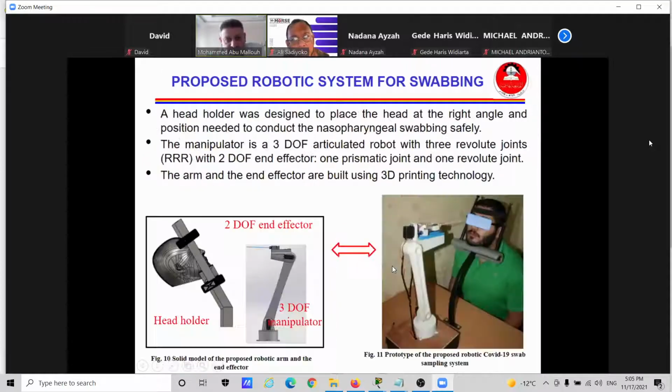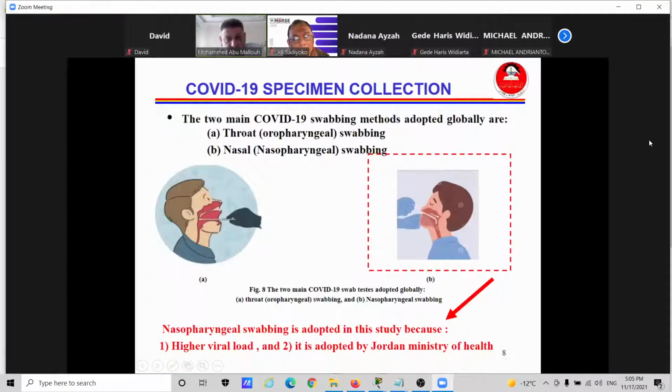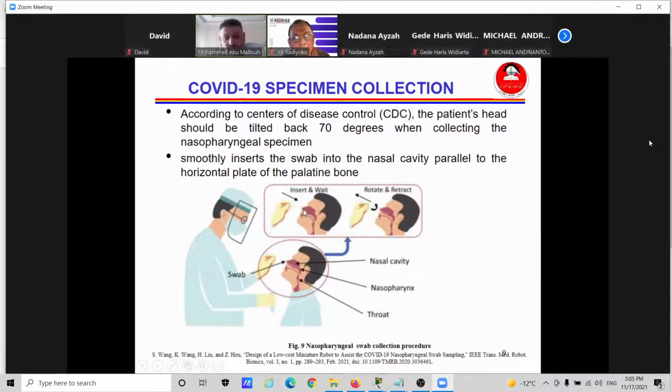Let me go back a couple of slides here. Let's put it this way, humans have different distances for the nasal cavity. We don't share the same distance here. It's different from one person to another. So we can't use position control, because any slight difference or error in positioning will hit this area and may damage it.